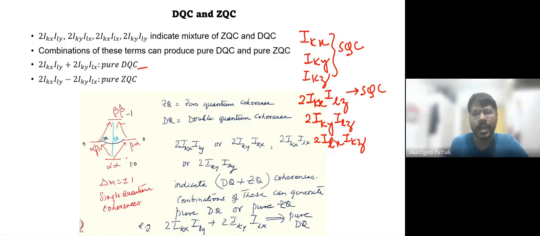But if you have terms where your spin L is in Y magnetization or X magnetization, so ILX, ILY, these terms have mixtures of both double quantum coherences and zero quantum coherences. Okay.